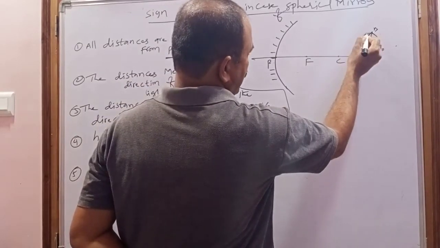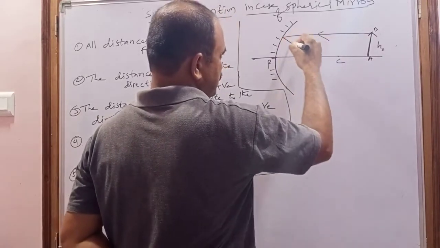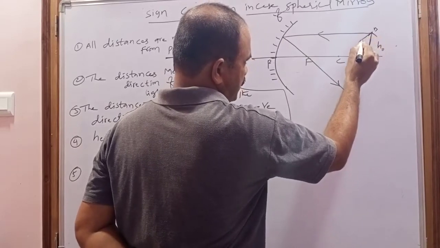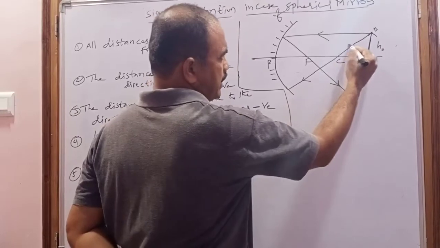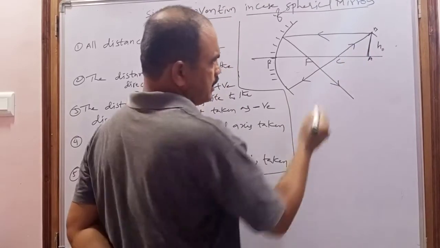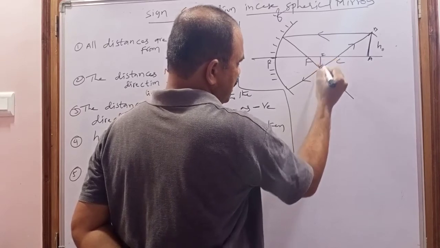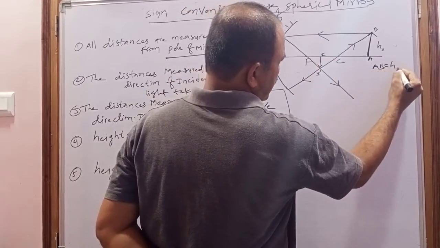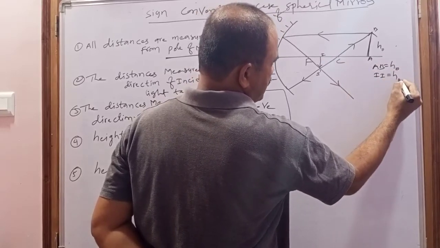One ray from the top of the object parallel to the principal axis passes through the focus after reflection, and another ray from the top of the object passes through the center of curvature and returns. Where the rays really intersect, the image is formed, called I dash. AB is the height of the object H0, and the image height will be considered H suffix I.